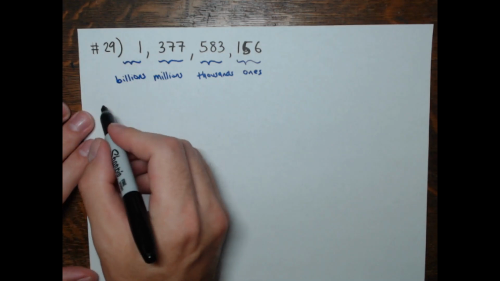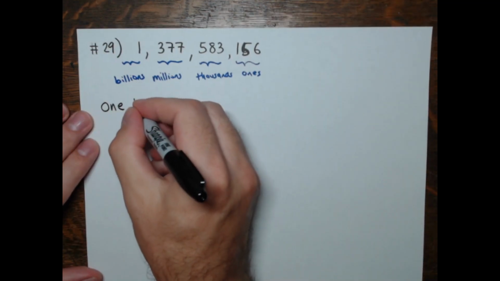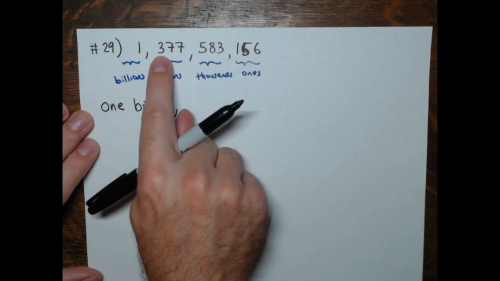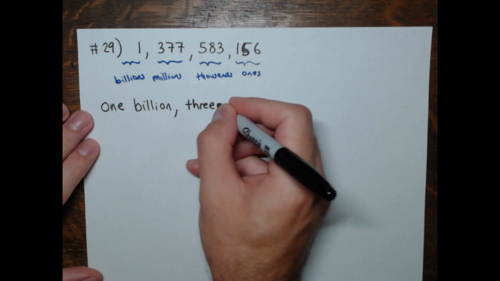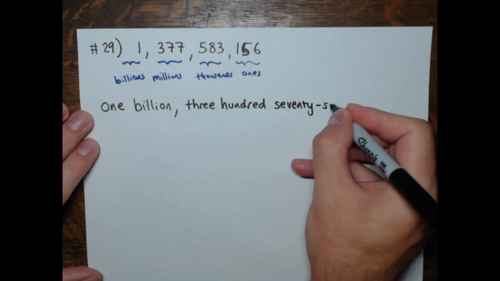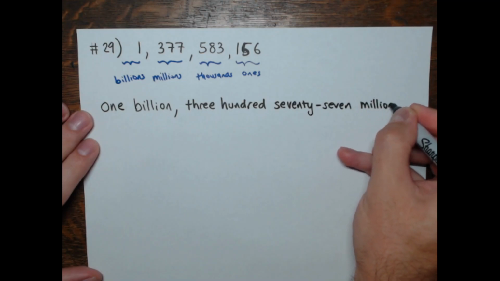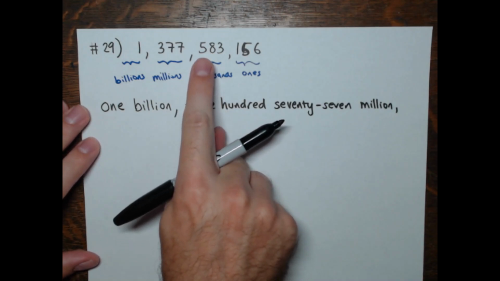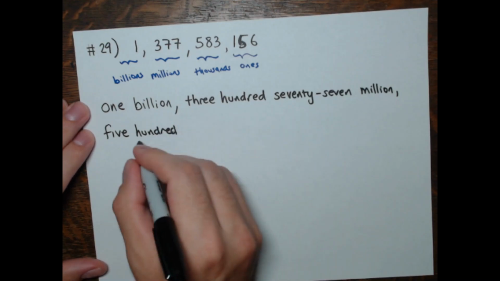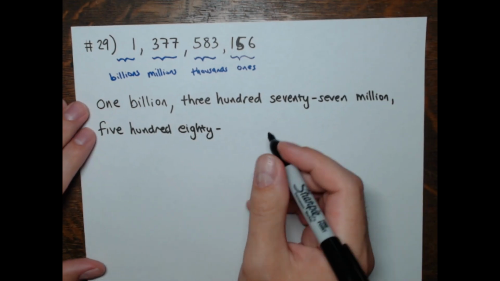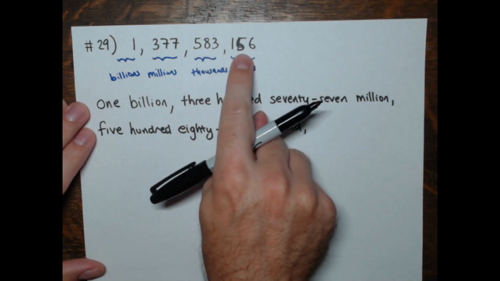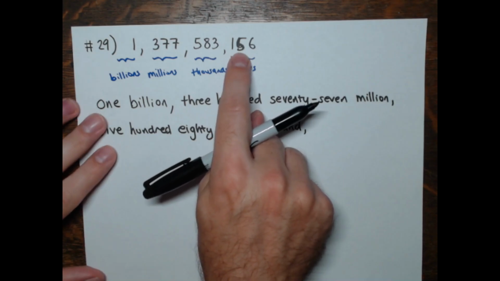So here, left to right, there's only one there, 1 billion, comma, then the millions period, 377 million, comma, then the thousands, 583 thousand, comma, and then finally in the ones, 156.